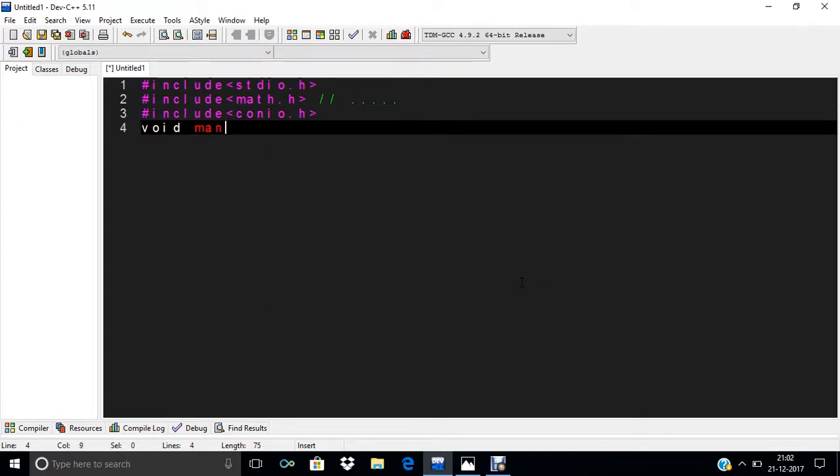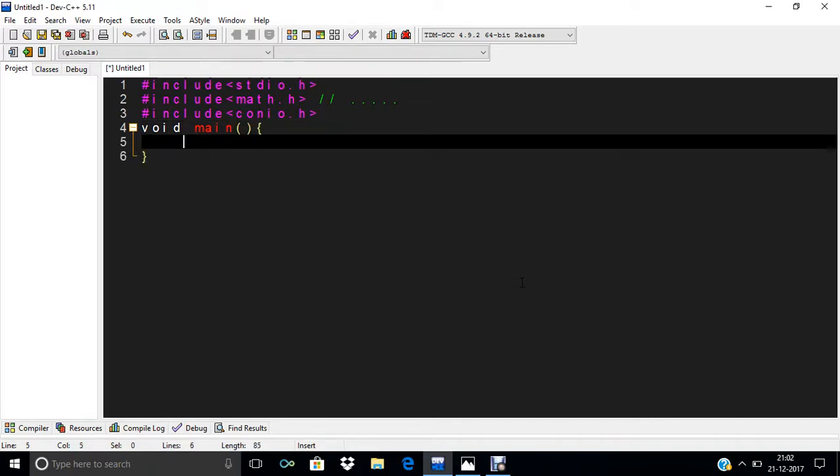Then we'll start with the main function, void main. We need to accept the angle in degrees. The user can enter the angle in degrees, as an integer or in decimal points, however he wants. So let us use the data type float x, for degrees I'm considering the variable x.